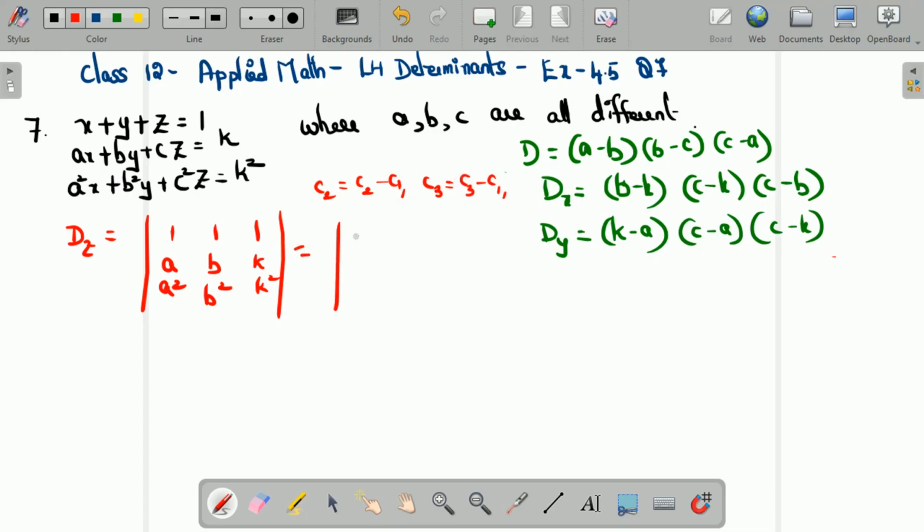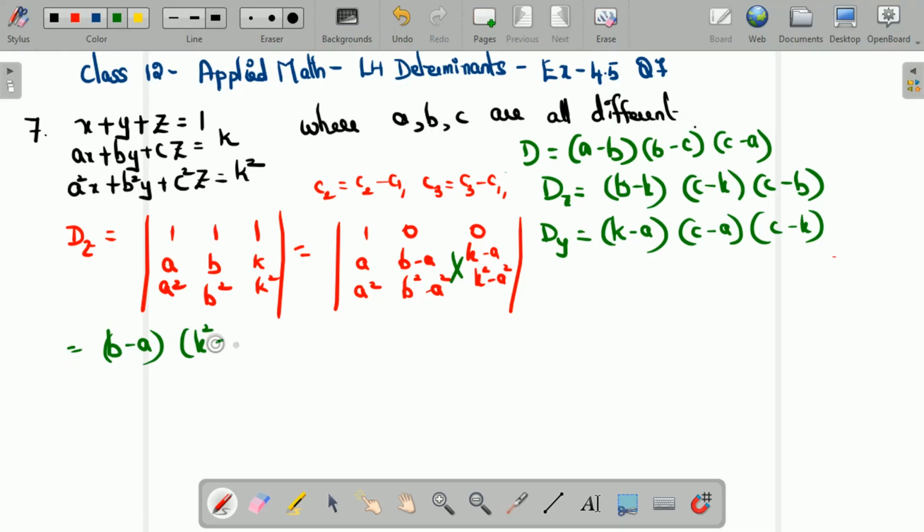So it is 1, a squared, then 0, b minus a, b squared minus a squared, and 0, k minus a, k squared minus a squared. Expanding along the first row, this cross multiplication is needed.